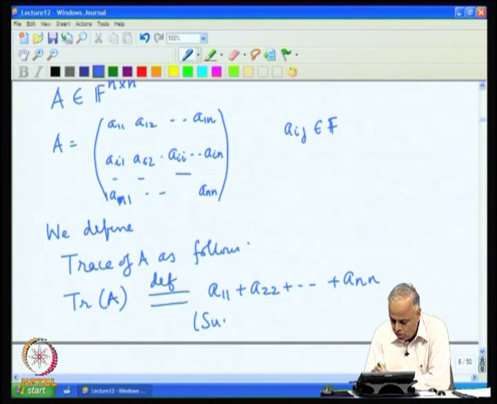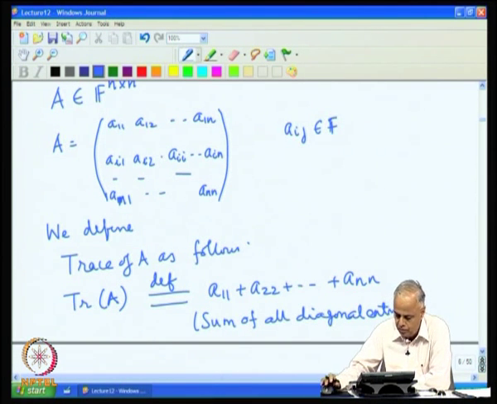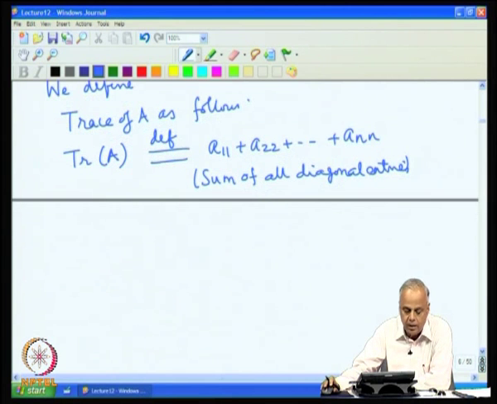It is the sum of all diagonal entries. We will come across trace later when we deal with matrices and non-homogeneous systems and so forth. Now, let us look at this trace of A.